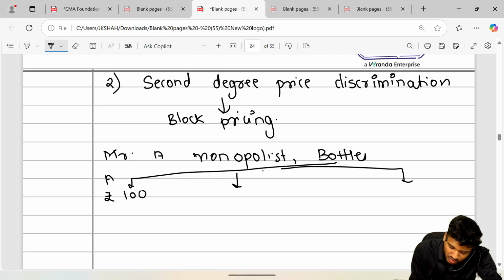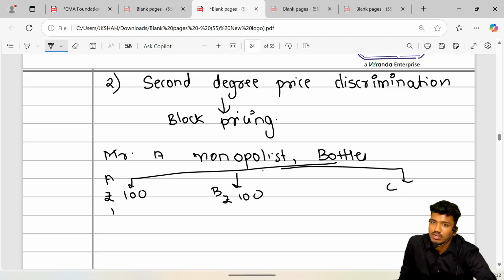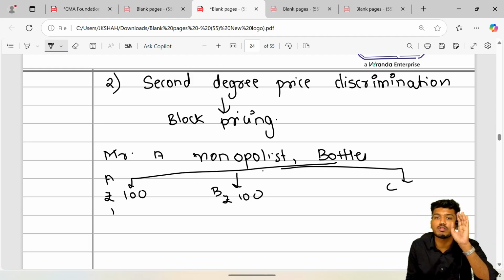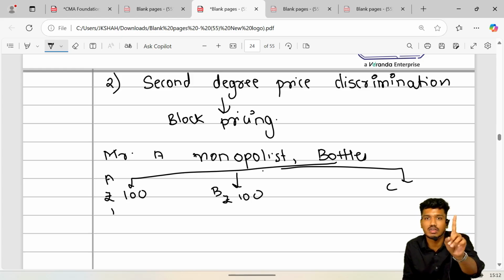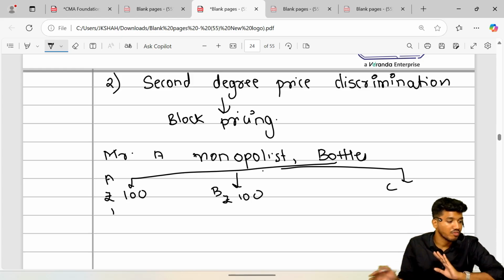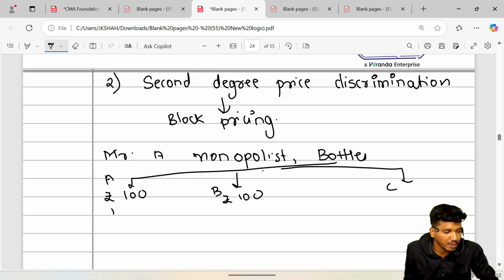Mr. A comes and asks for a bottle, rupees 100. B comes and asks, rupees 100. C also comes and asks for 88 bottles. So now he asks, please, I want some discount. Up to a certain point, for everyone, be it A, B or C, the price remains constant at rupees 100.